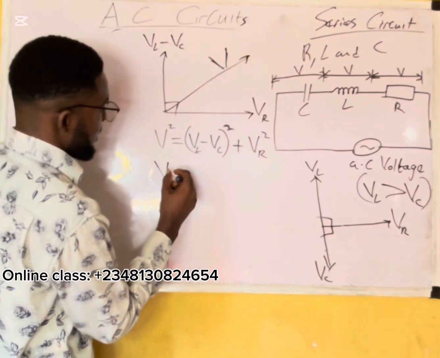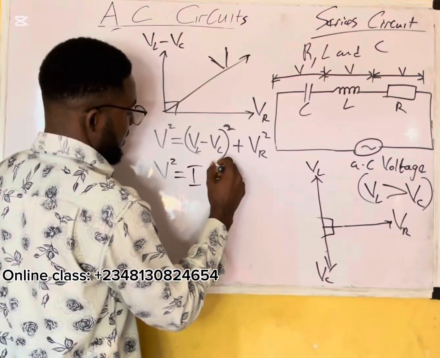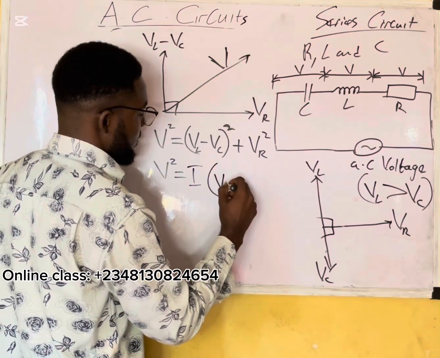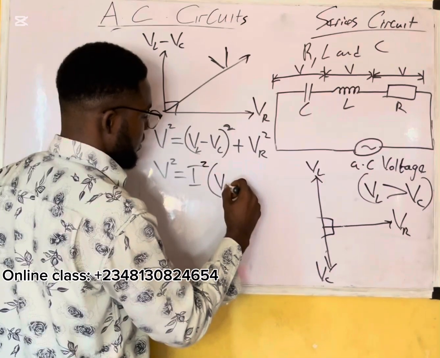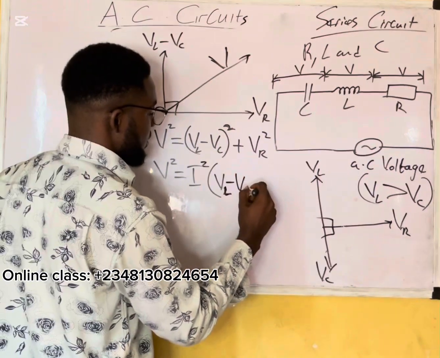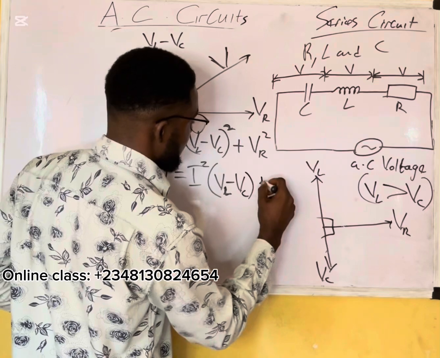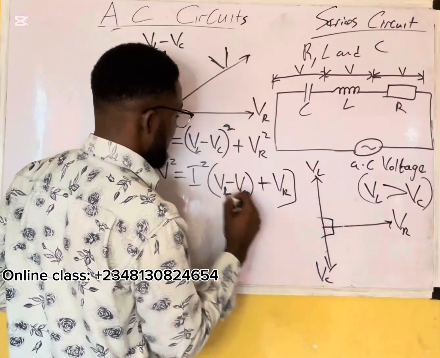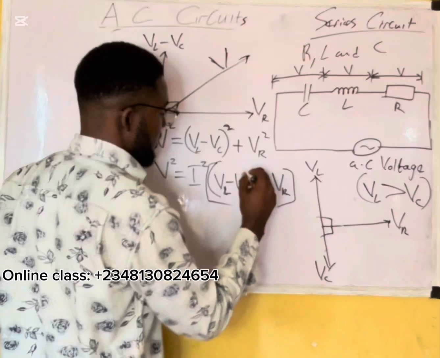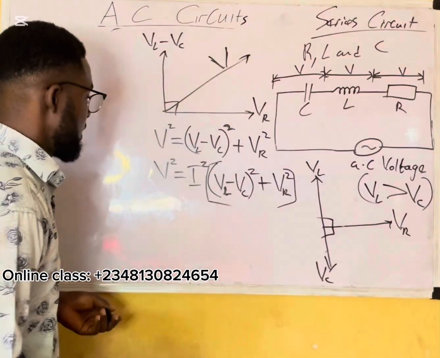So V squared is equal to I squared times the bracket: V subscript L minus V subscript C, squared, plus V subscript R, squared. Let me put it in a bracket.